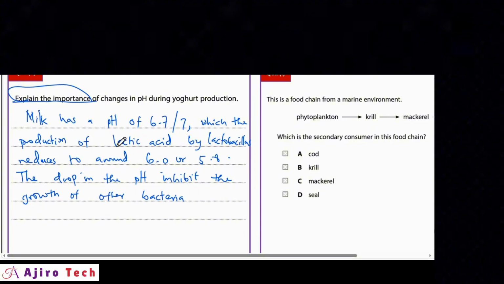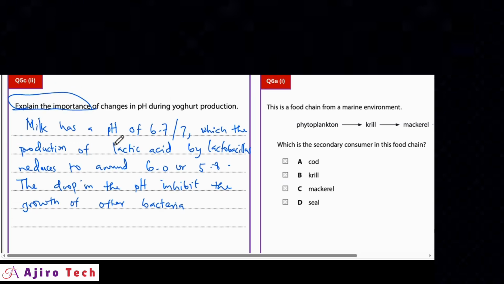That's the importance of change in pH in yogurt making. Once the lactobacillus starts producing lactic acid into the yogurt, the pH will drop, and the drop in pH will keep other bacteria away and prevent them from growing inside.